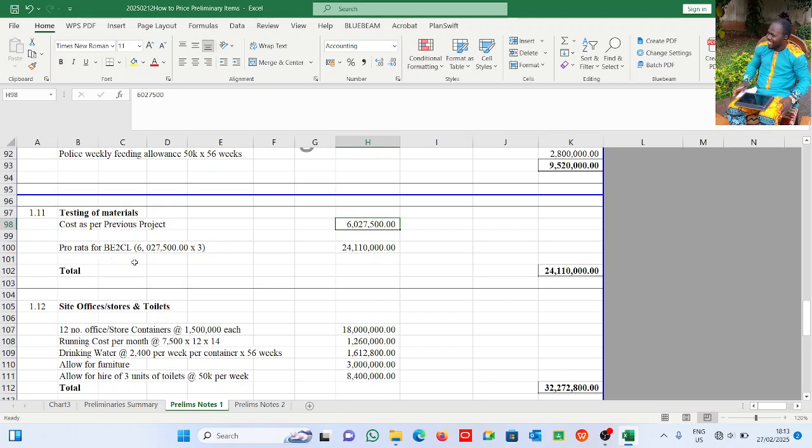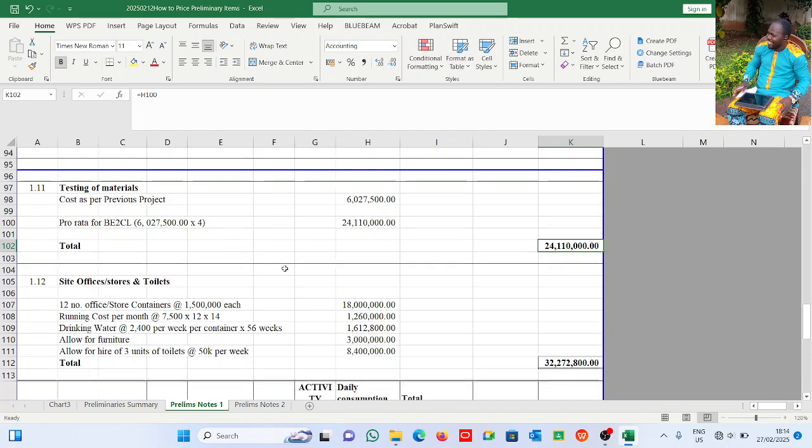This project is bigger than that, so we multiply 6.027 million by 4. This gives us a knowledge of what we are going to spend. It may not be exact, it may be a little higher, maybe a little less, but it helps you to estimate the amount you're going to be spending on tests.